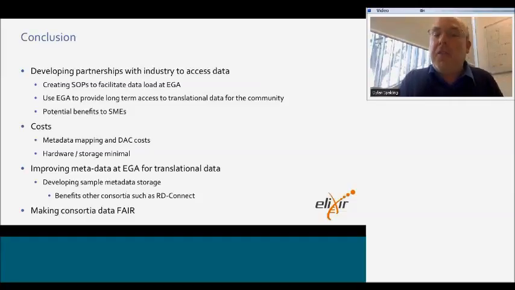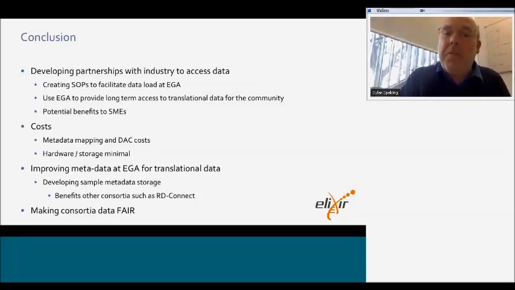But the hardware and storage costs are minimal, as you've seen, due to the volume of data within EGA, with the obvious caveat that the volume of data submitted is not a significant percentage of the EGA data, or that the data submitted doesn't require any special distribution or access processes, which EGA doesn't currently support.